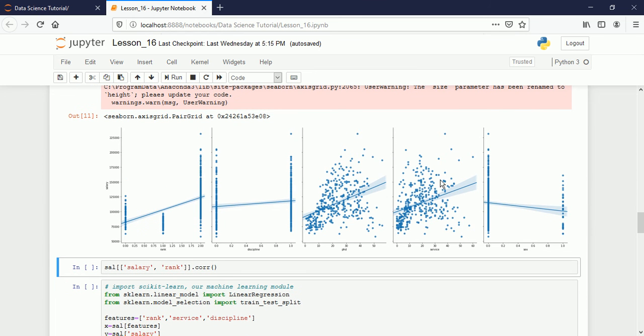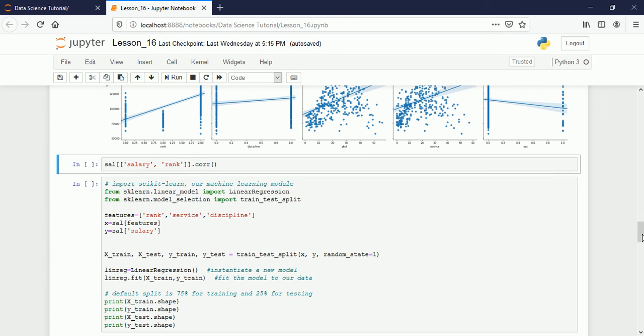Now let's calculate the correlation between the points. Now I want to see the correlation between salary and rank.